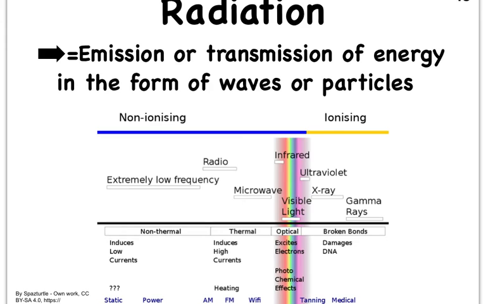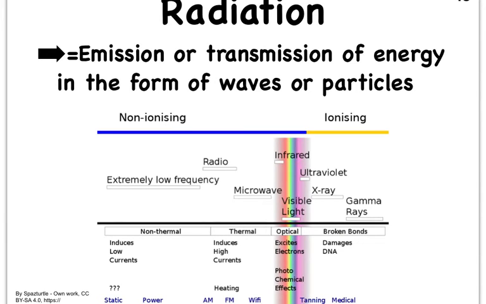So the second environmental agent we'll take a closer look at is radiation. But really, what is radiation? Well, when energy is emitted or transmitted, it forms waves and particles, and that's what we refer to as radiation. Now, we can divide radiation up into non-ionizing radiation versus ionizing radiation, and we will define clearly exactly what that means.